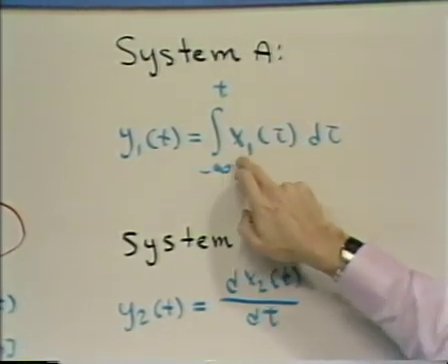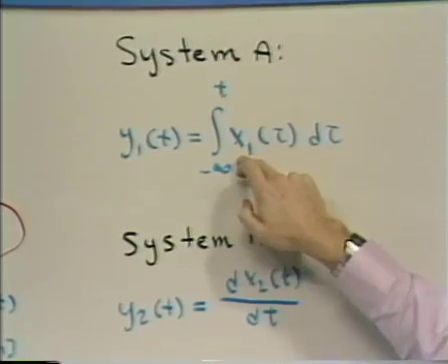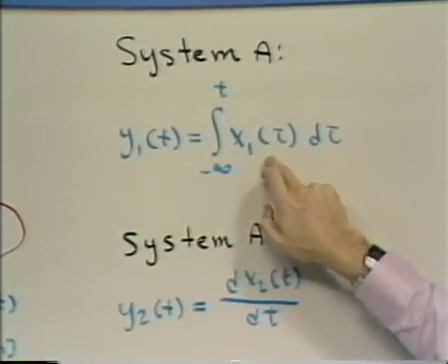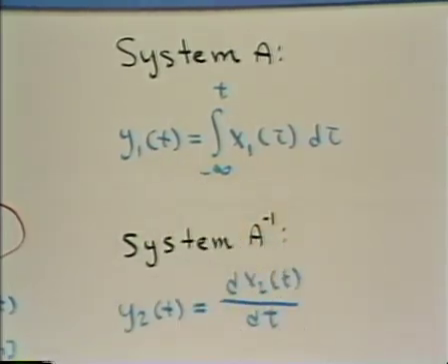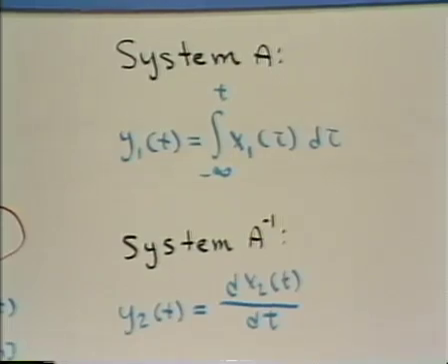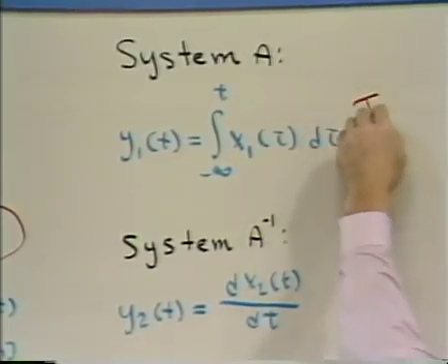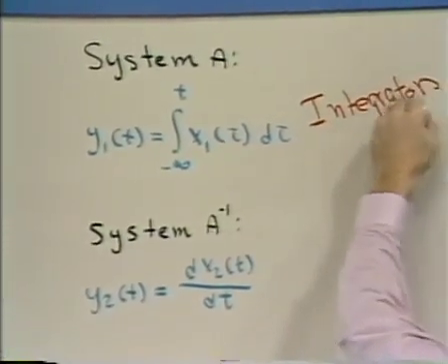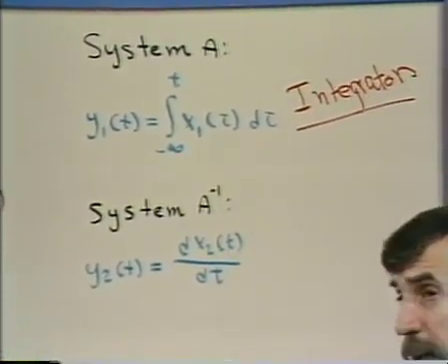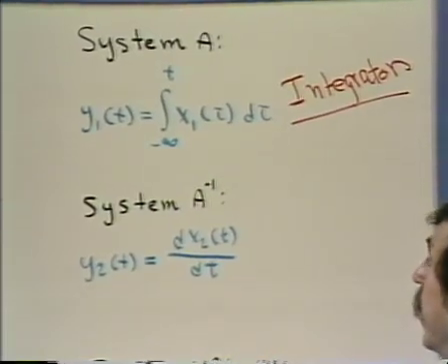And remember that we saw the running integral when we talked about the relationship between steps and impulses. If this happened to be an impulse, then the output would be a step. This system is referred to, of course, as an integrator, since the output is the running integral of the input.